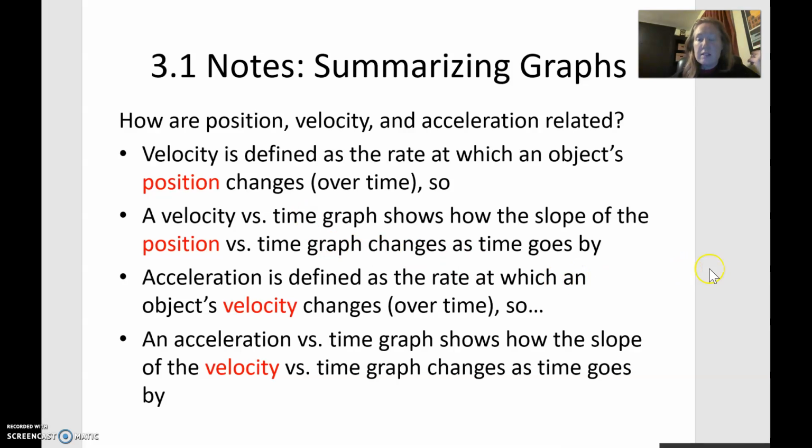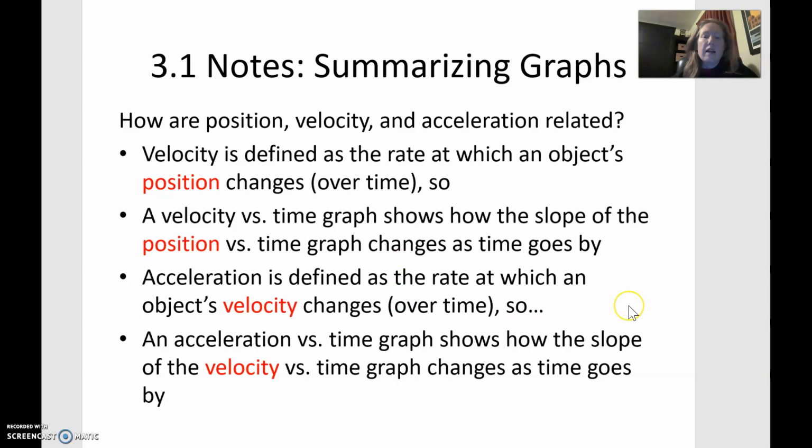So that means, because it's a rate of change with respect to time, that's slope. So then what we're really looking at when we look at a velocity versus time graph is how the slope of the position time graph is changing as time goes by. We're basically graphing the slope of the position time graph when we make a velocity time graph.